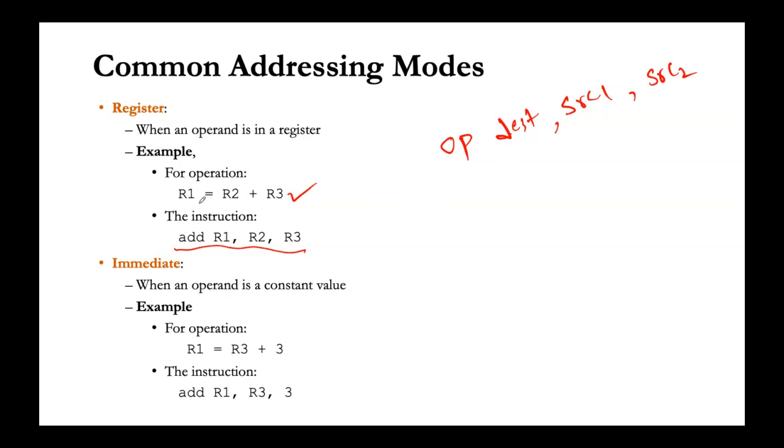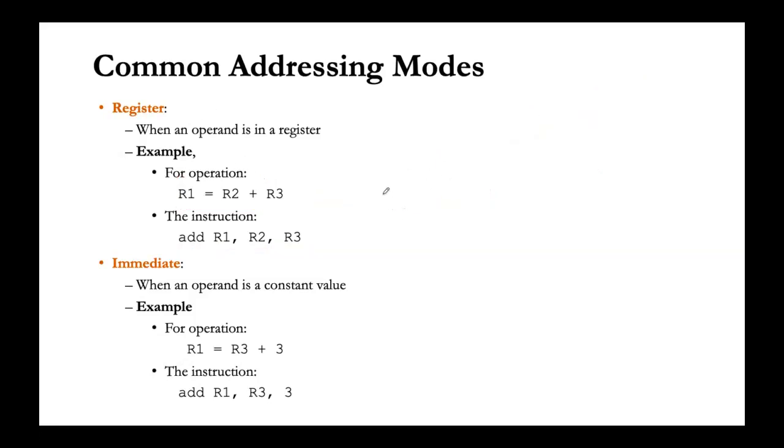In this case the operation is addition, the arithmetic operation, so the mnemonic is add, the destination is R1, source 1 is R2, and source 2 is R3. That is the instruction of the register addressing mode.